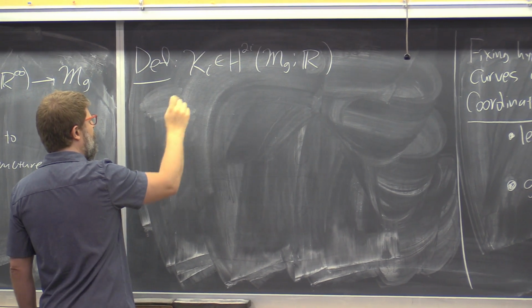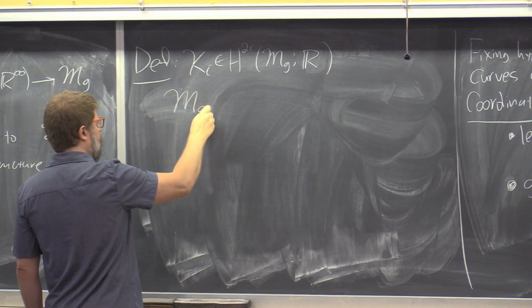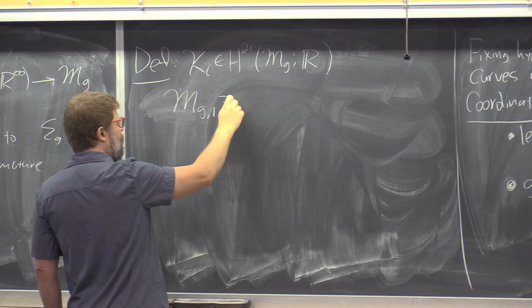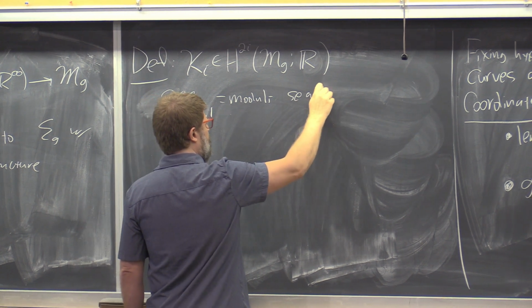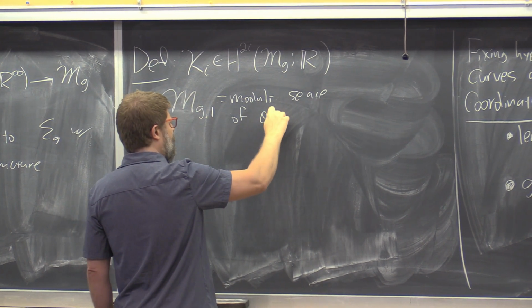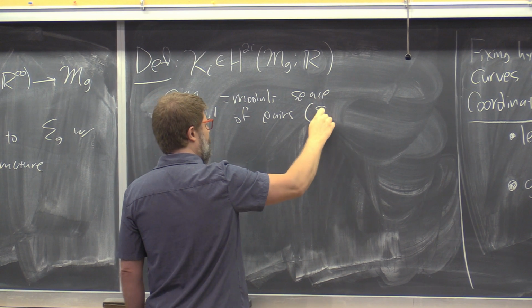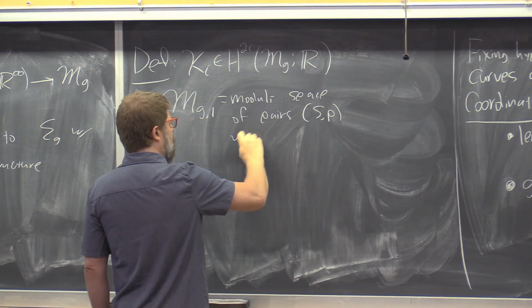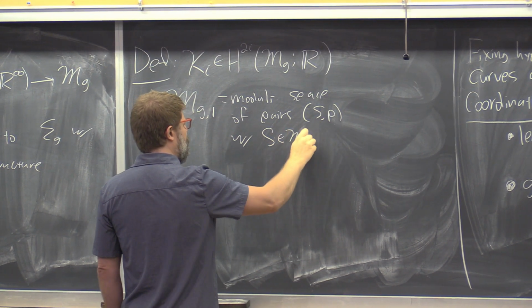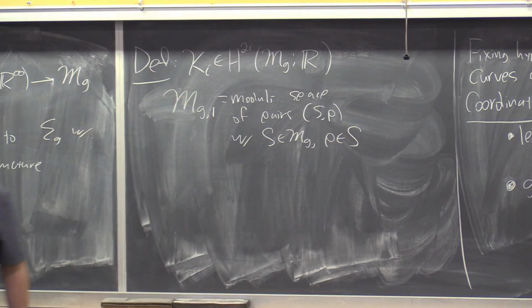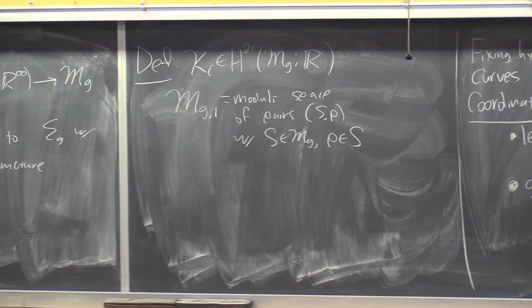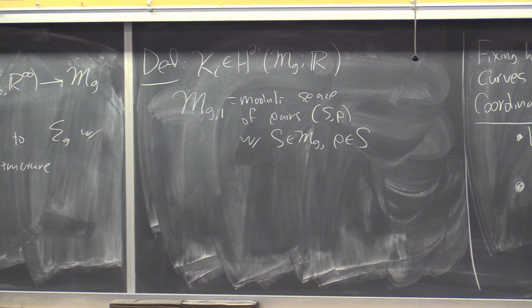So M_{g,1} is the moduli space of pairs (S, P), where P is a point inside S. It's Riemann surfaces with a point inside them.